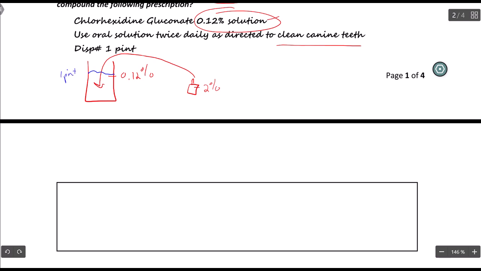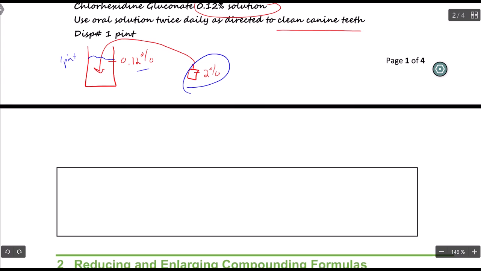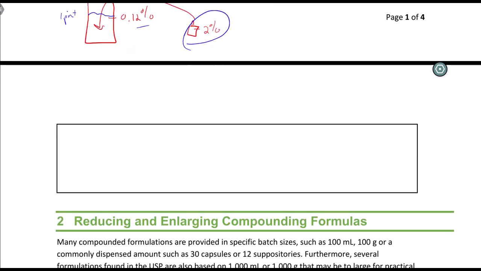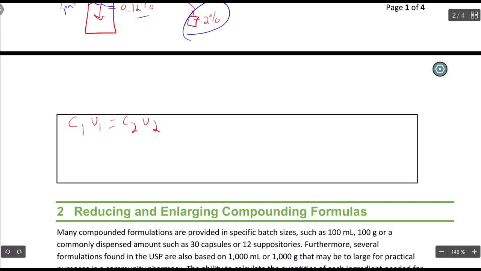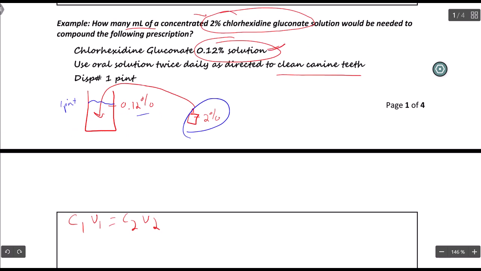So how much of this 2% do I need to add, that's the concentrate, so that when I dilute it up to 1 pint, it becomes 0.12%. And then this is going to be used twice a day to clean the canine's teeth. So good old concentration 1, volume 1, concentration 2, volume 2. How do I know that? I've got a concentration, right?